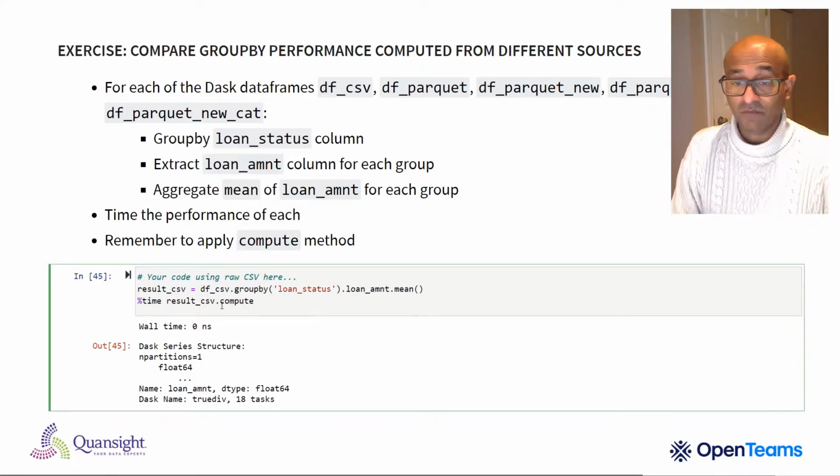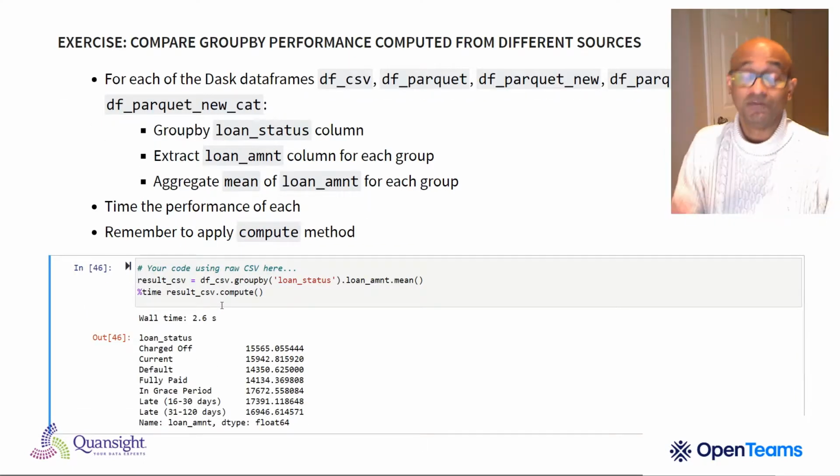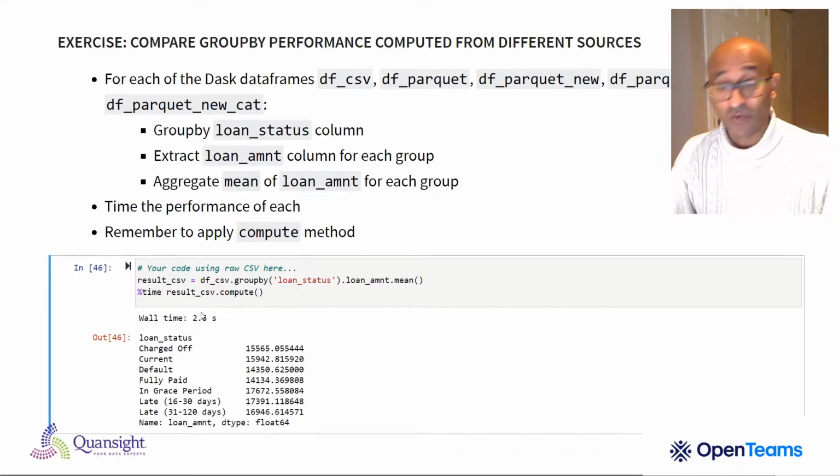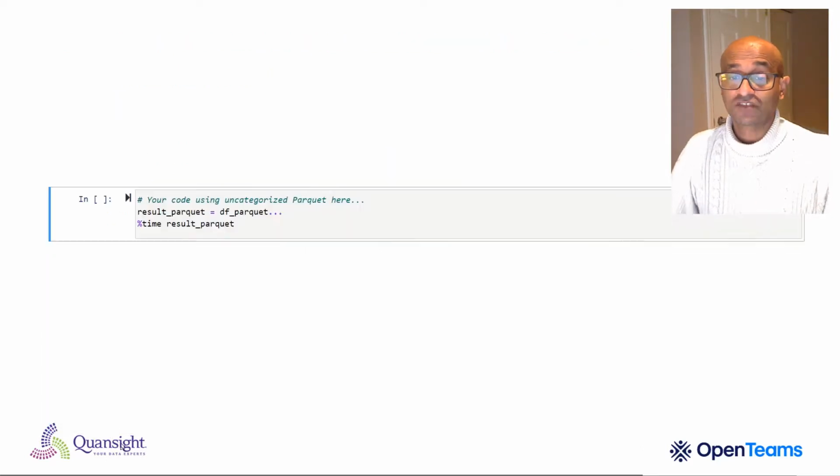If I call compute, now this is reading from CSV, so this should be relatively slow because it needs to read each row of the CSV, parse each of those strings, and store those as objects. It takes about 2.6 seconds to do this whole thing. Let's try that again using our Parquet.